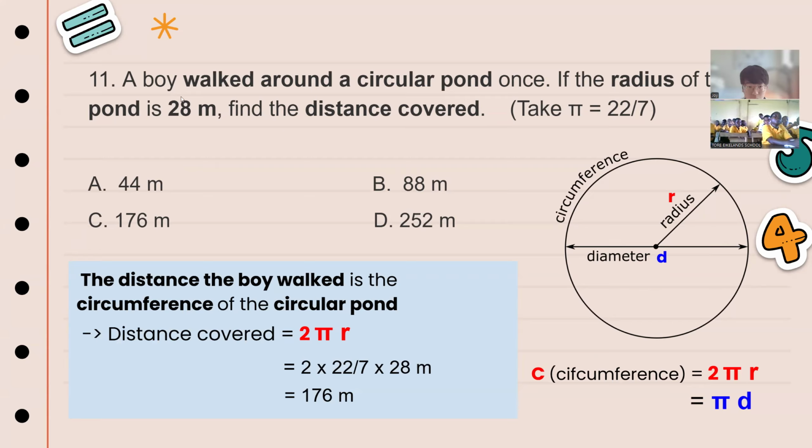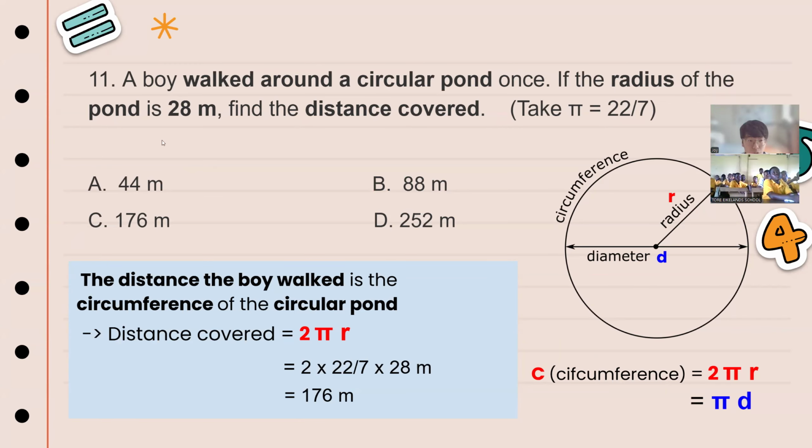So let's read the question together. A boy walked around a circular pond once. If the radius of the pond is 28 meters, find the distance covered.